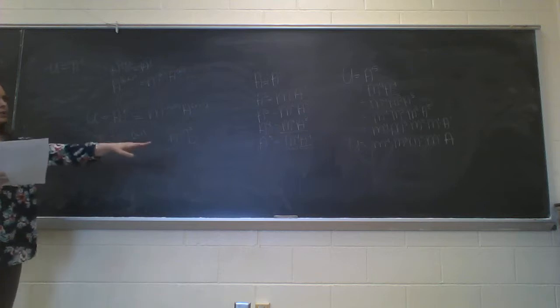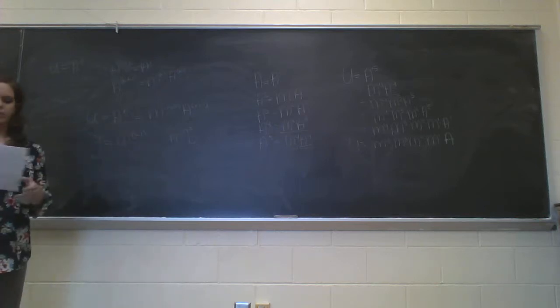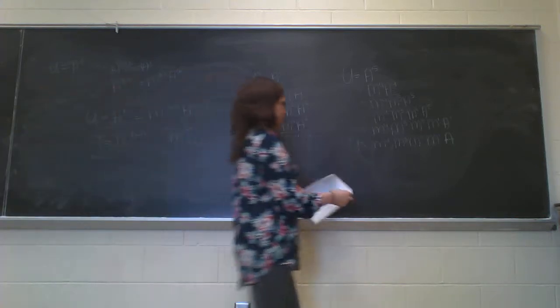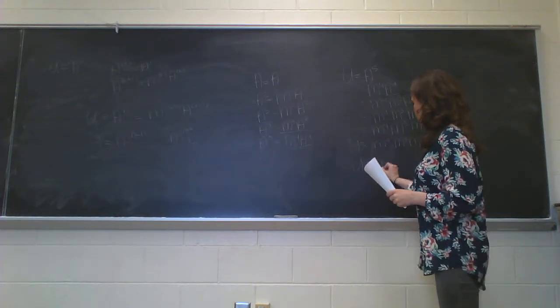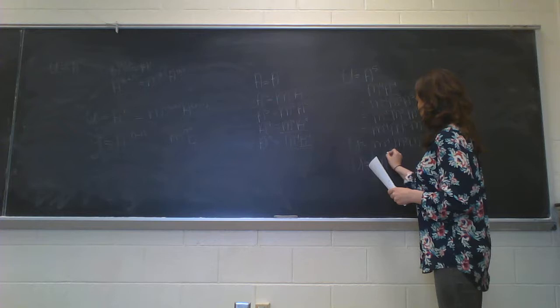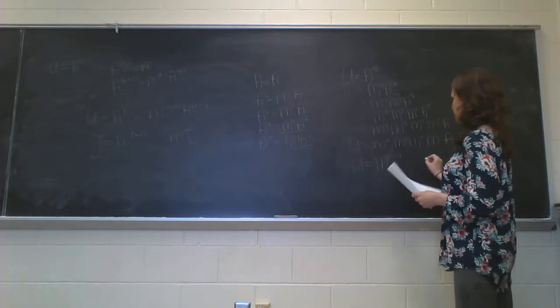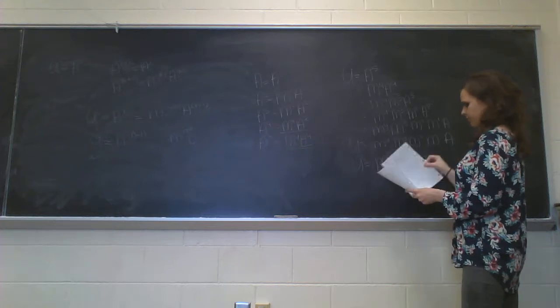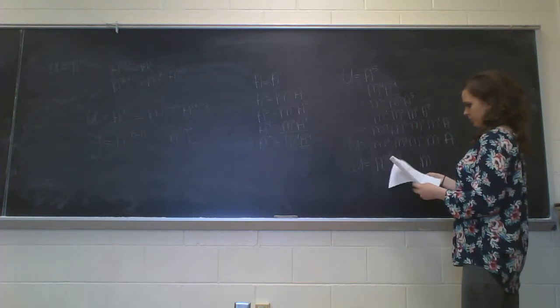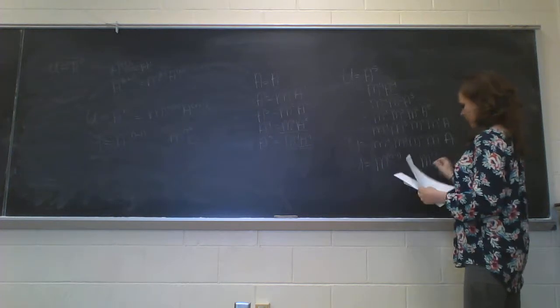So whatever we apply to A, we can also apply to U. So now this is sufficient to say that U is equal to M(n minus 1) up to M1, times A.